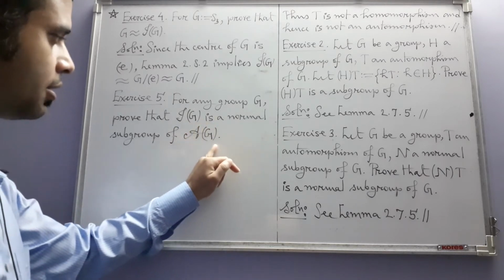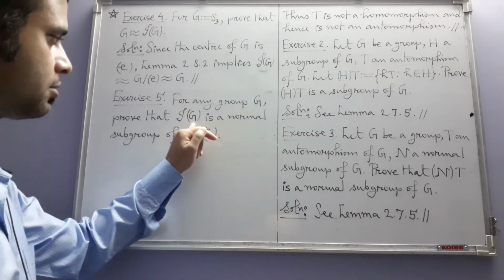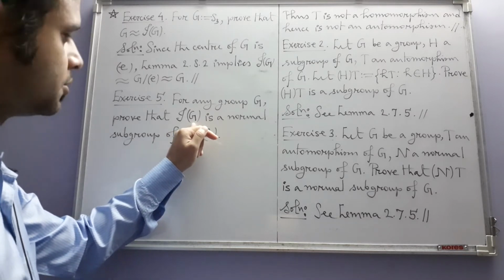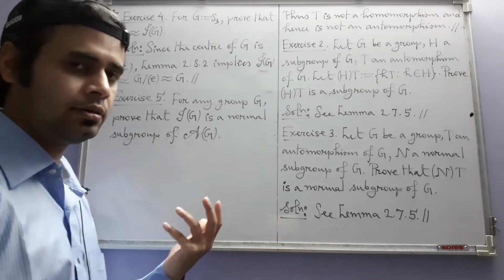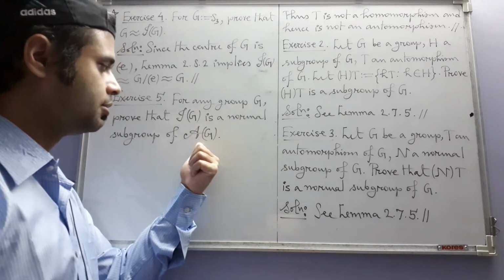This has all the automorphisms of G, this has the inner automorphisms. But now we are asked to show that in fact this is normal in this.